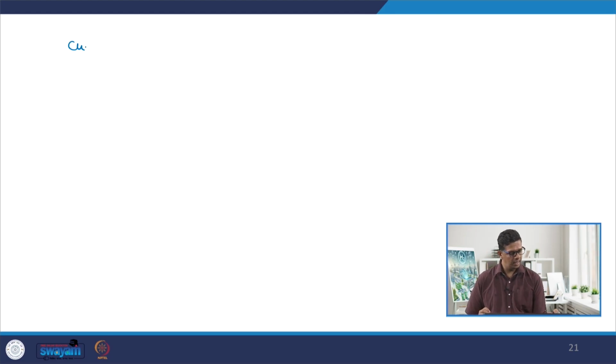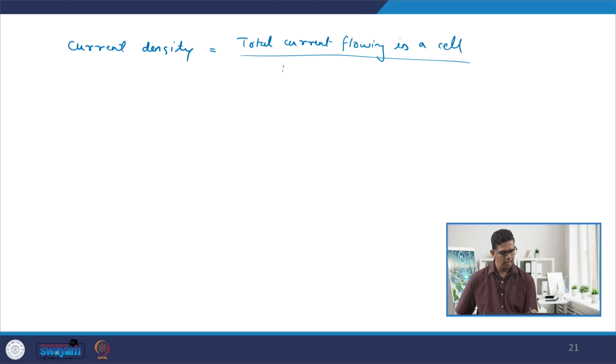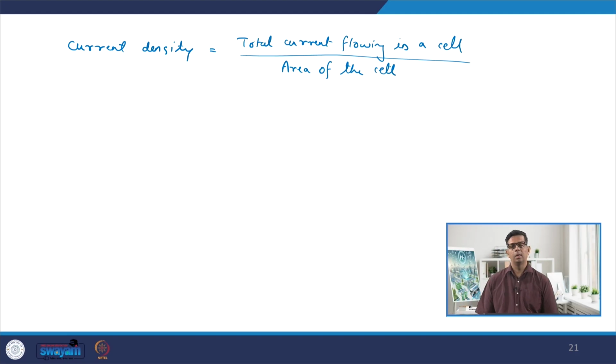So, current density is nothing but the total current flowing in a cell divided by the area of the cell. That is what current density means, and it is denoted by capital letter J.